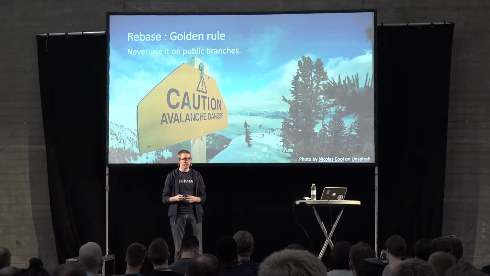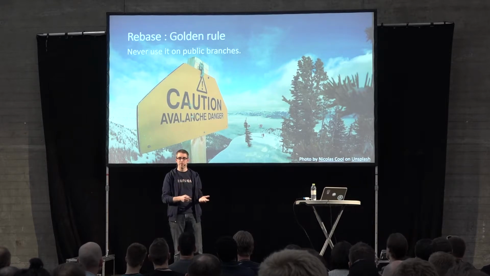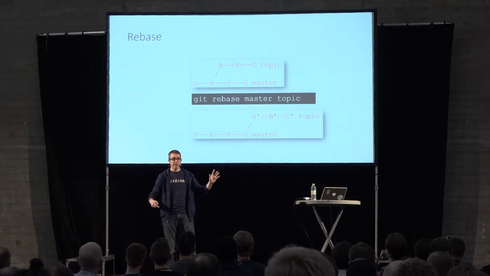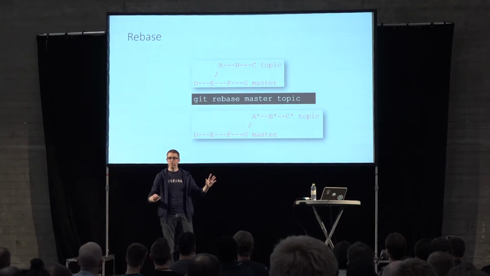There is one but. If you have pushed your feature to a public branch, you shouldn't be using this. You should never rebase on public branches, because if your branch comes into the hands of someone else, they will have a lot of issues with your branch because you rebased, and they have commits like A, B, and C, and you pushed A, B, and C new.